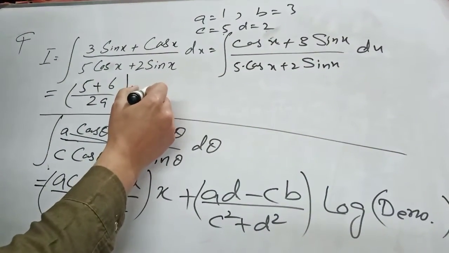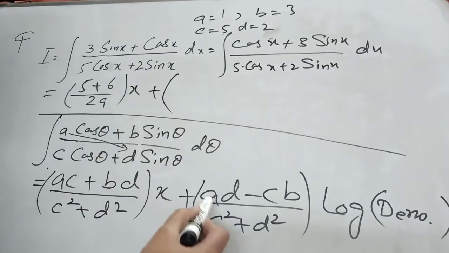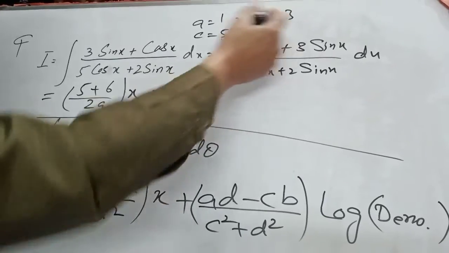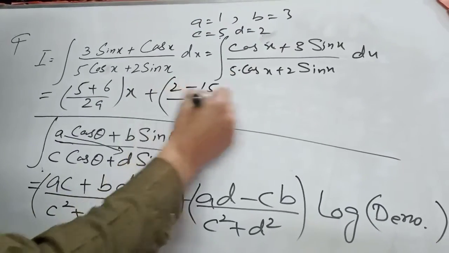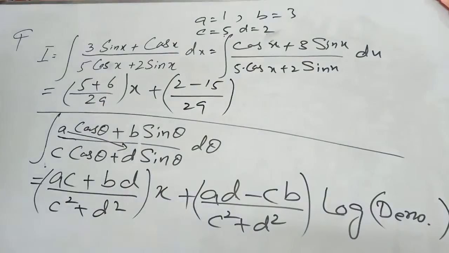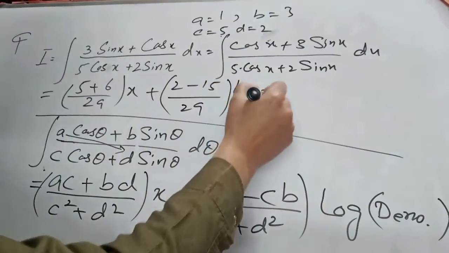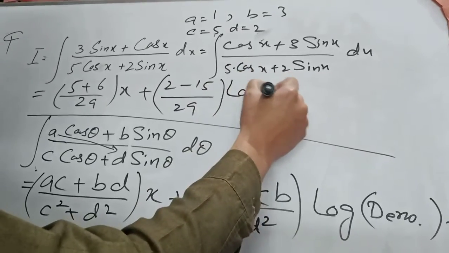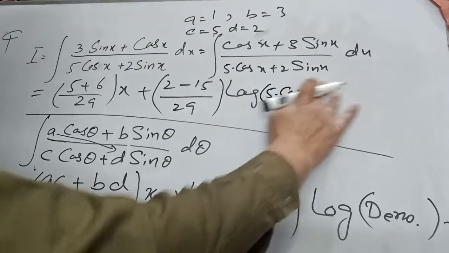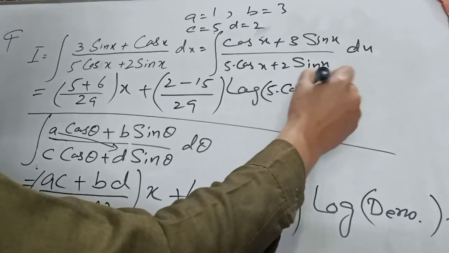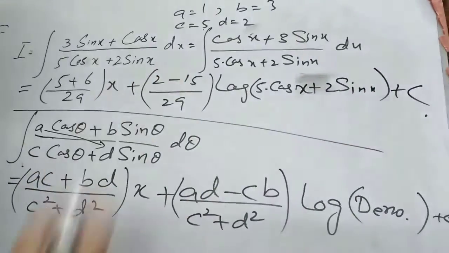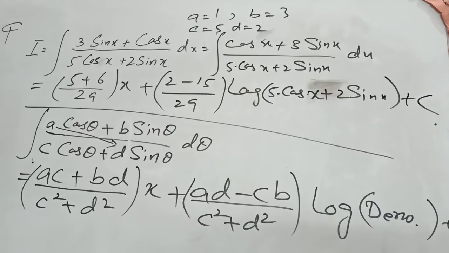Then plus AD minus CB, AD is 2, minus 15, divided by 29, again because c square plus d square is the same as the previous value, and then log of the denominator 5 into cos of x plus 2 into sine of x and constant of integration c. This is the required answer.